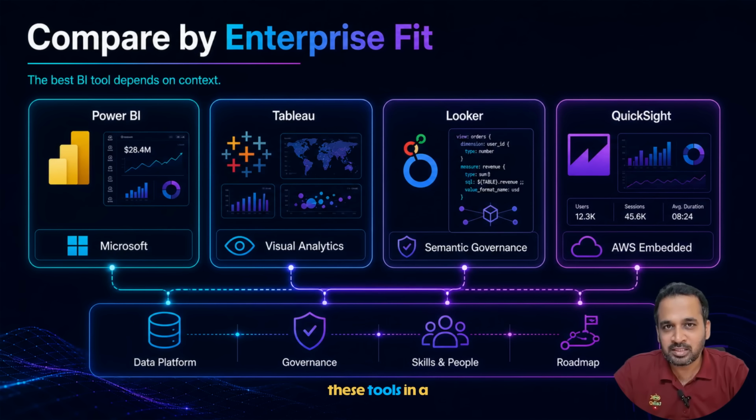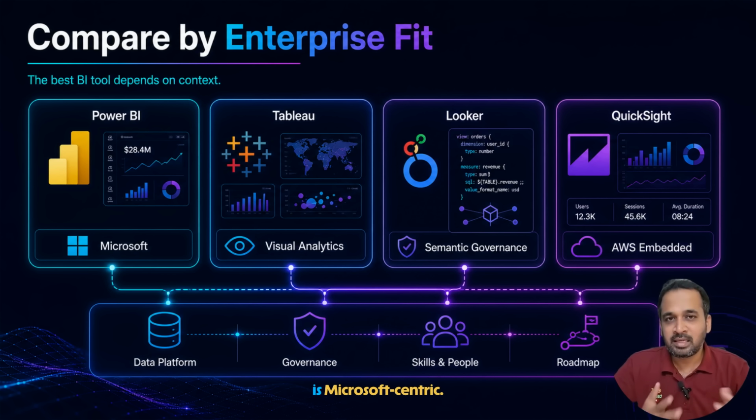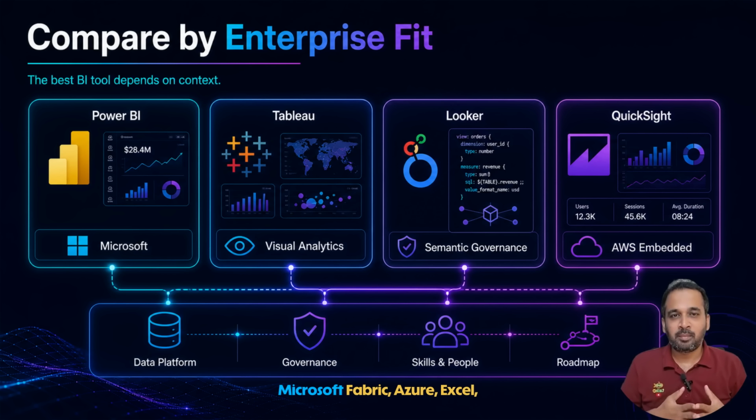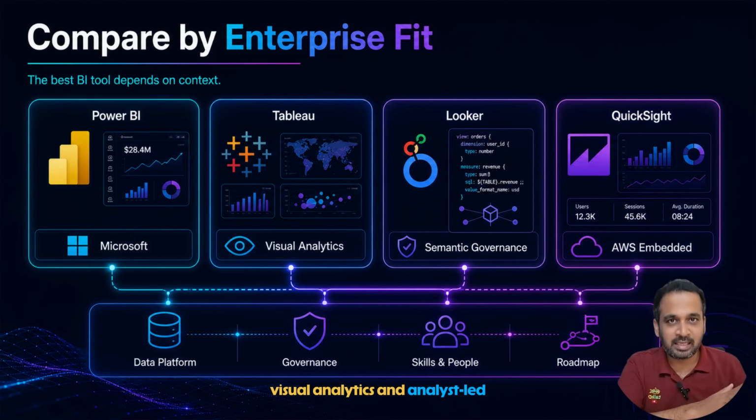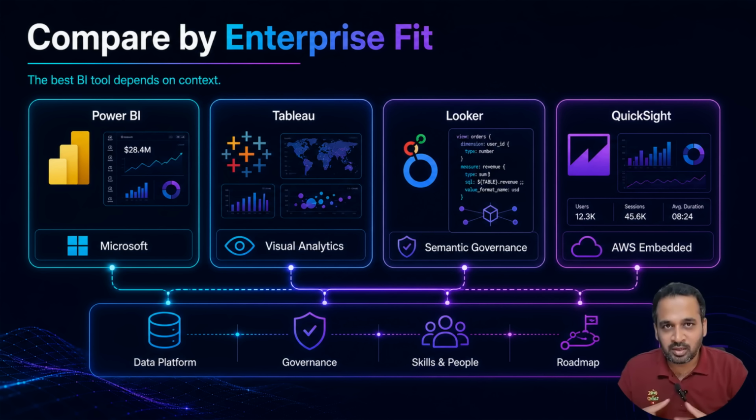Now let us compare these tools in a simple enterprise way. Power BI is usually strong when the enterprise is Microsoft-centric. Microsoft Fabric, Azure, Excel, Teams, Microsoft 365 and Entra ID make Power BI a natural fit. Tableau is strong when visual analytics and analyst-led exploration are very important.